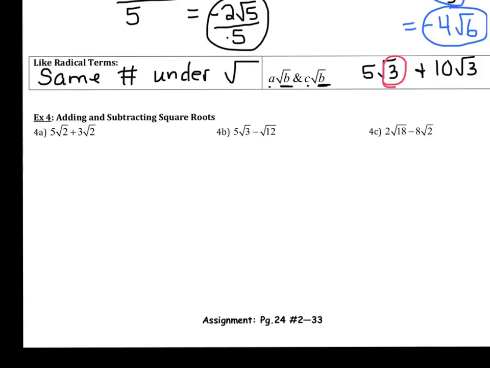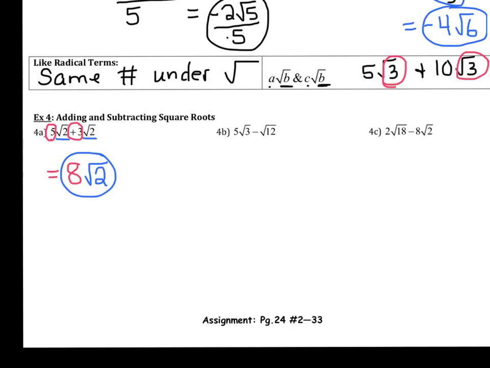Because the square root of 3 and the square root of 3 make them like radicals. So let's try to add 5 square root 2 and 3 square root 2. Since they are both square roots of 2, all we need to do is add the 5 and the 3. 5 plus 3 equals 8, and we recopy the square root of 2. You don't need to mess with it. You just recopy it. That's it.